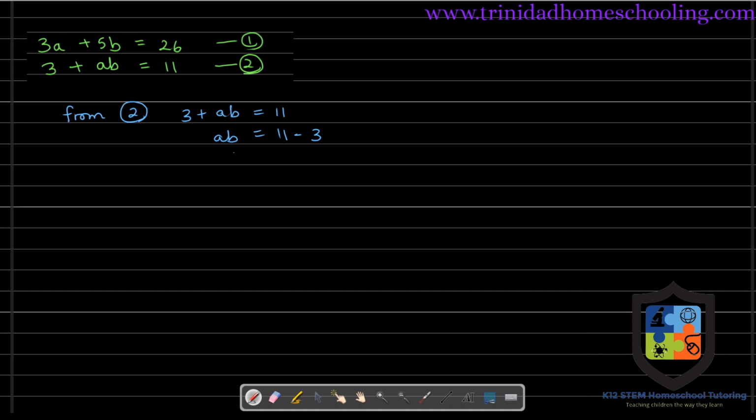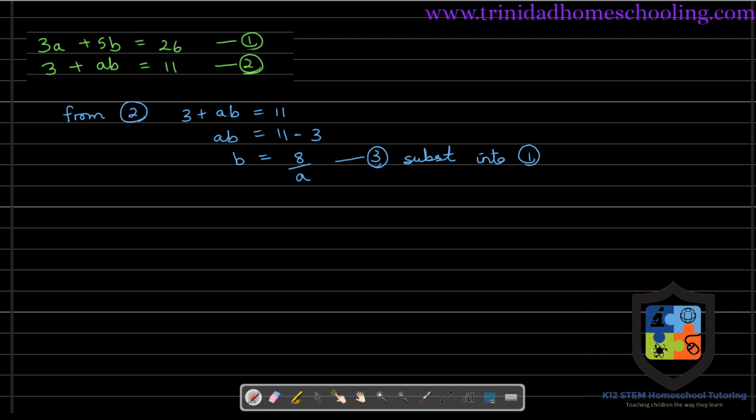So if I make b the subject of the formula, 11 minus 3 is 8, and I divide by the a. So I made my b the subject of the formula here, and this is my third equation, which I will now substitute into the equation that we didn't use yet, which is equation 1.